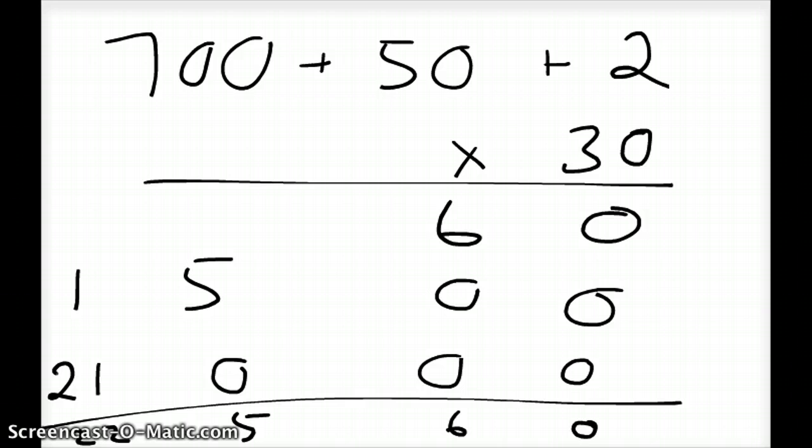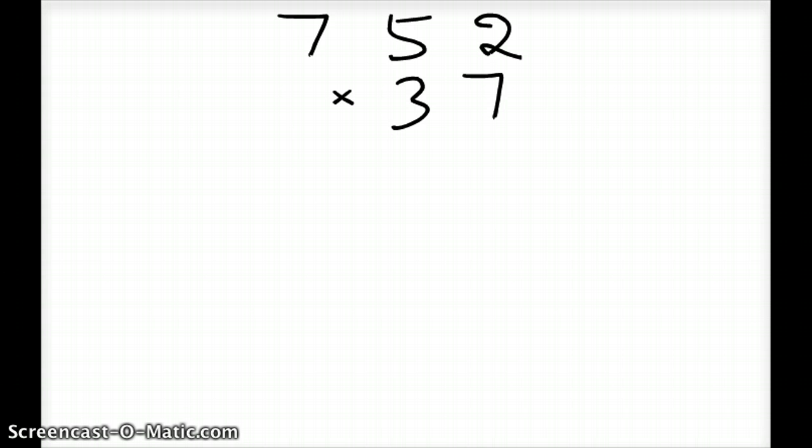Okay, so what's my head thinking? What was my number again? 752 times 37. Okay, where is my head going? My head is not functioning quite well. What I want to do is look at this as 7.